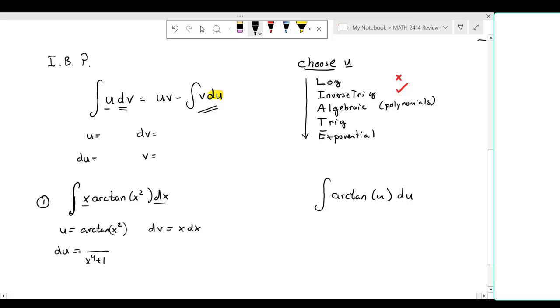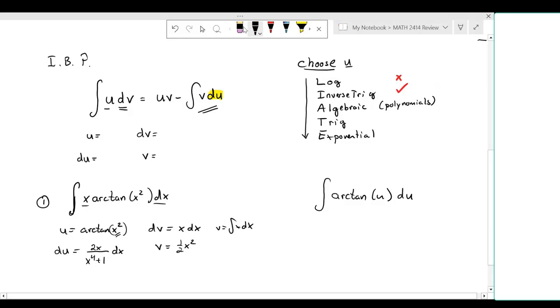And then, of course, chain rule. We need to differentiate the inside with respect to x. And v is simple enough. We know how to anti-differentiate x dx. So half of x squared up to a constant.